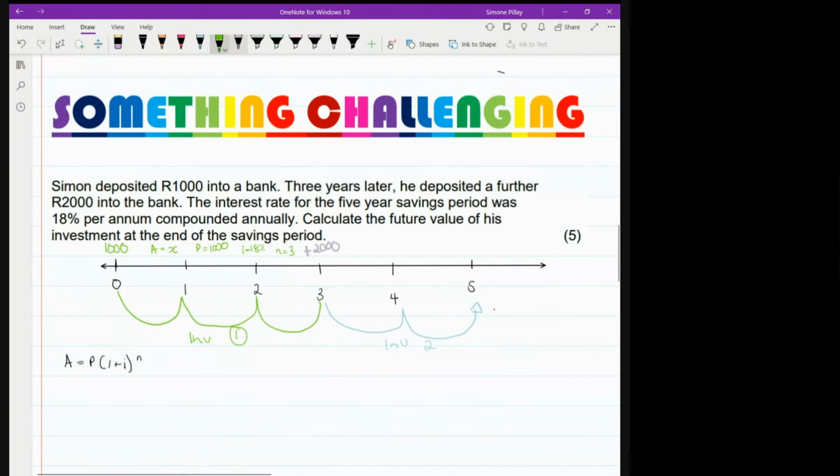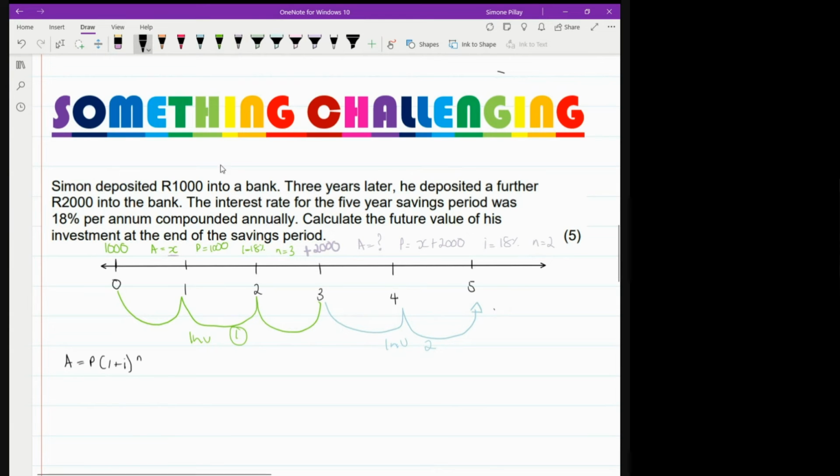Now, once we get to the purple side, my A value is what's unknown, but my P value is now going to be X plus 2,000 rand. Where did X come from? X was the future value of my investment number 1. So we took that future value, we added 2,000 rand, and we basically reinvested. So that is going to be my P value. My i is still going to be 18%, and my n is going to be 2.